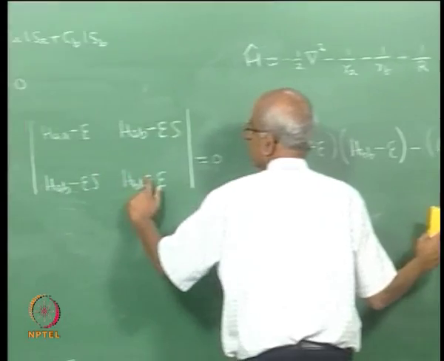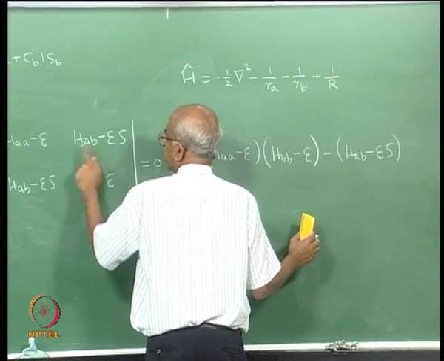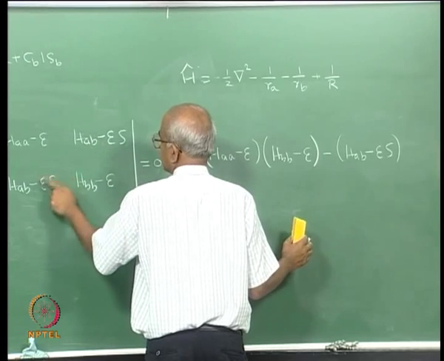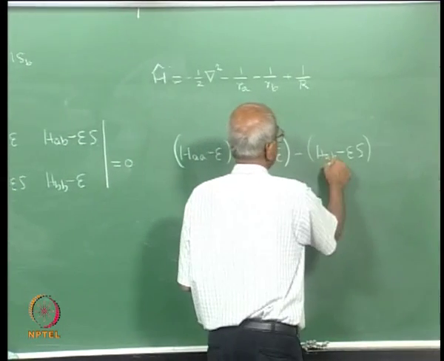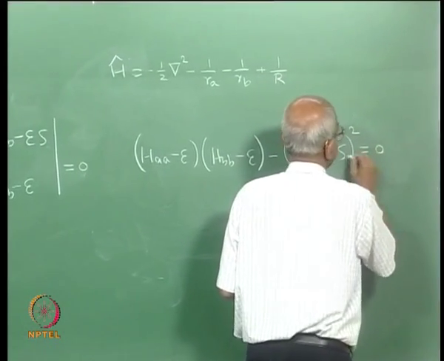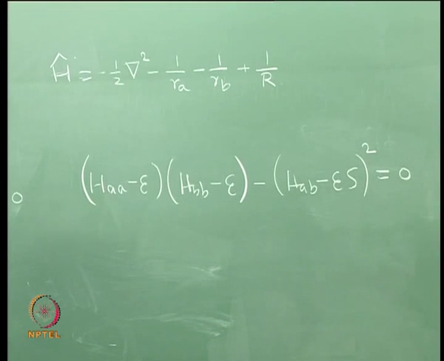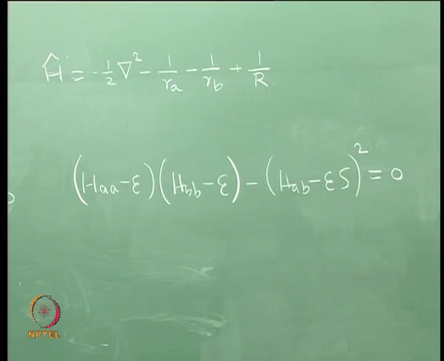You multiply these two, and from the product you subtract the product of these two, and this and that are identical. So, you will get (HAA minus script E)(HBB minus script E) minus (HAB minus script E into S) the whole square is equal to 0, and this is a quadratic equation. If I solve the quadratic equation, I am going to get two answers.